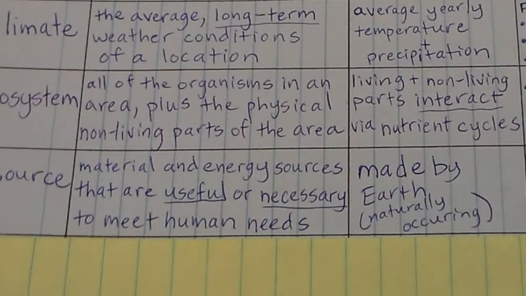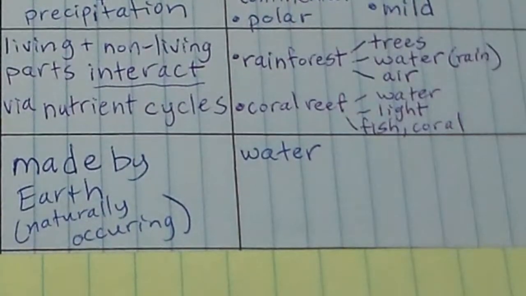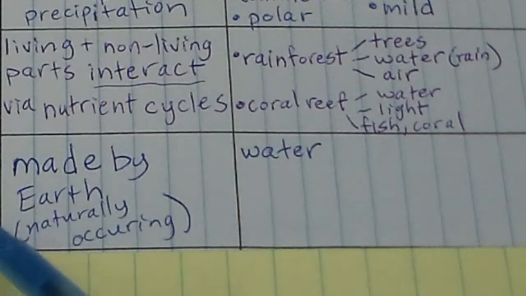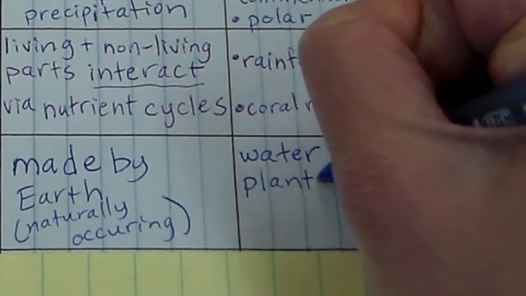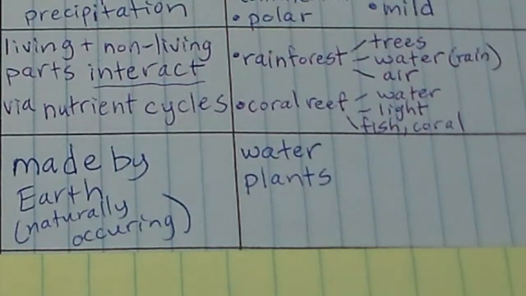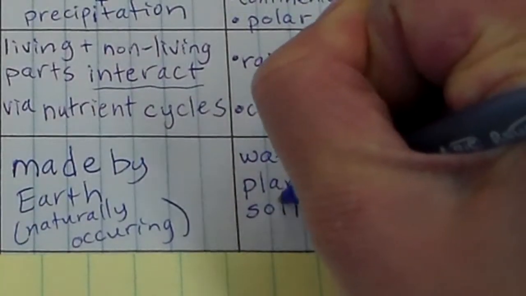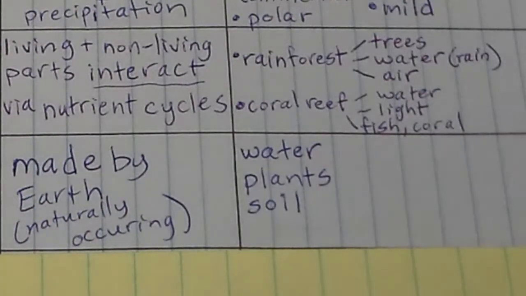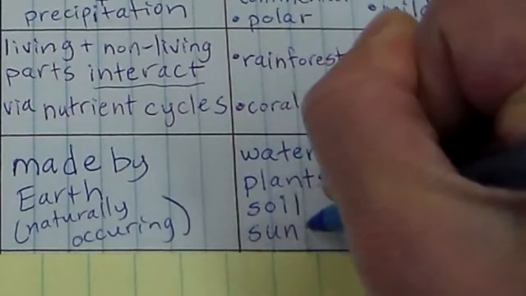So what are some examples of naturally occurring resources? Well, water is a pretty important one, and I would say water is necessary for life. Another important resource that we find in ecosystems is plants, and obviously we eat those, so those are pretty important. They also do a good job of producing oxygen for us. The soil is also a resource. Another resource that we find in ecosystems is sunlight, right?